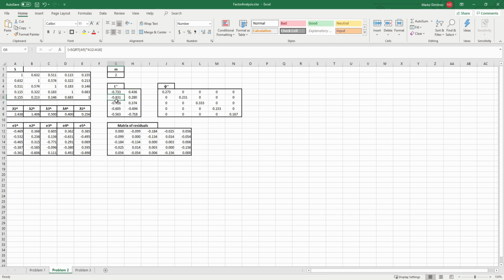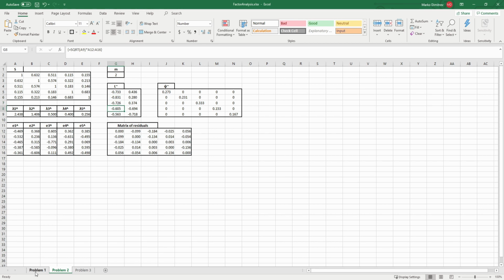Each of those loadings is for one variable. So this is for our first, let's call it x1, and our first factor, f1. Then second variable, but still first factor. So L21, L31, L41.